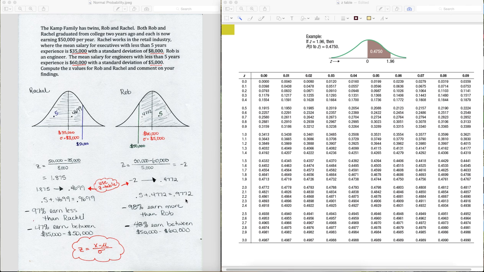So he earns the same amount as Rachel, but compared to his industry, he's not doing quite as well as Rachel. We also know that 48% of his industry employees earn between $50,000 and $60,000. So that's the way a normal curve works, finding the area of the curve and the probabilities associated with that.